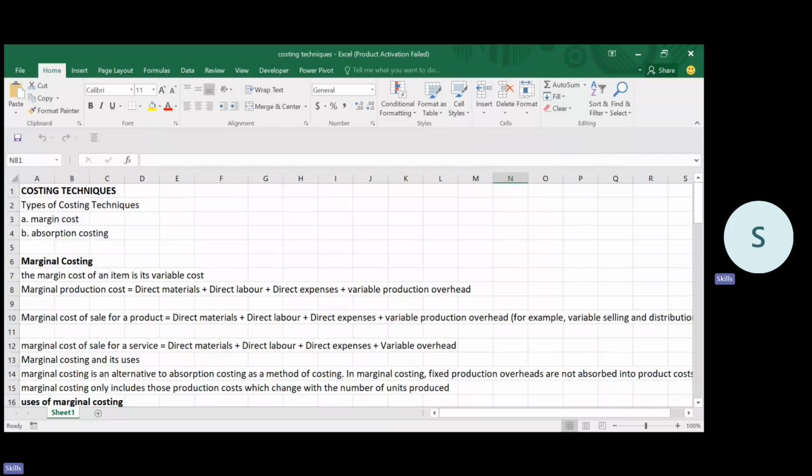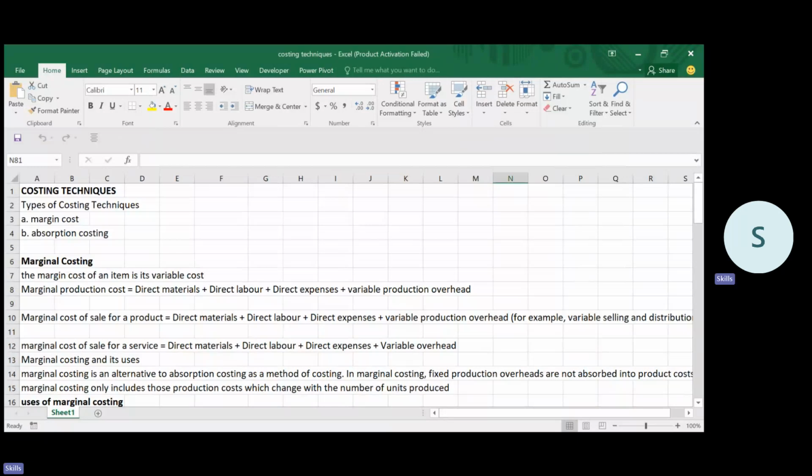If the variable cost per unit is 10 naira, then when the level of activities increases from 1 to 2, the variable cost will move from 10 to 20. When the number of units increases, the variable cost will increase accordingly.